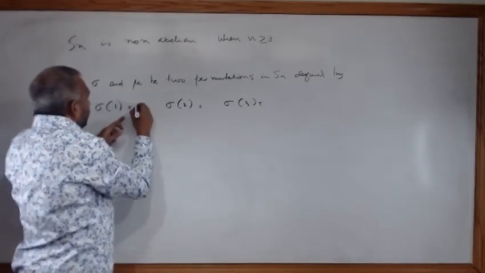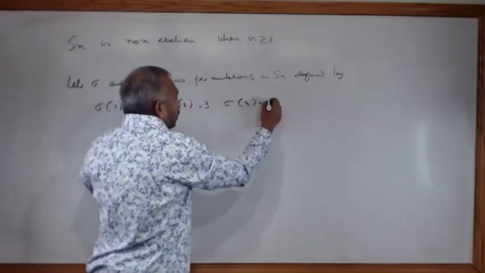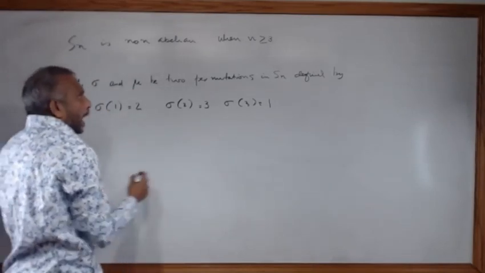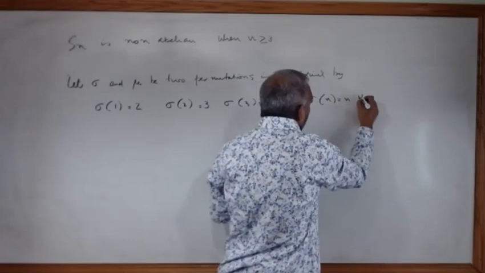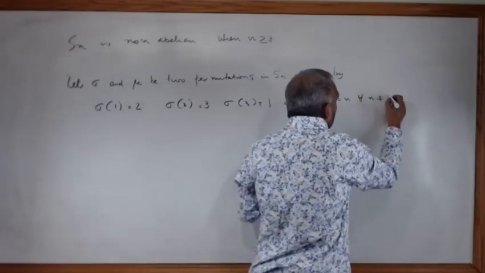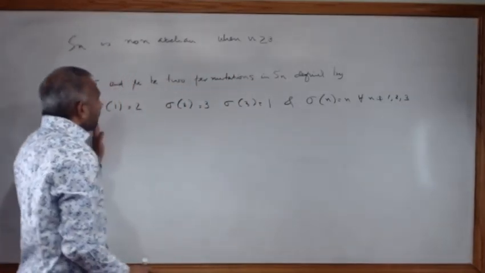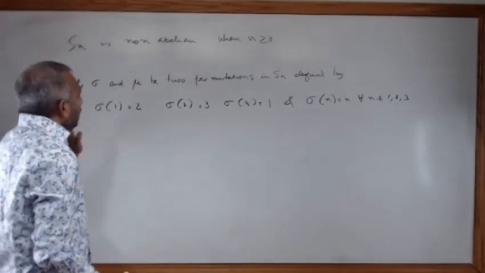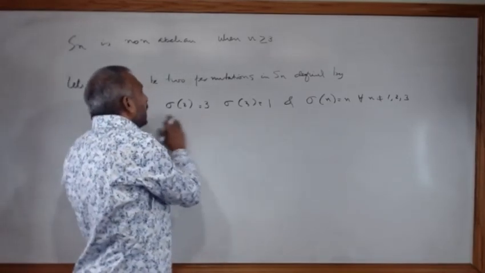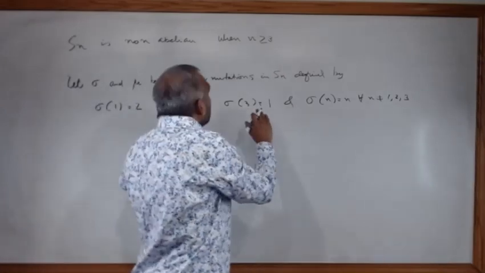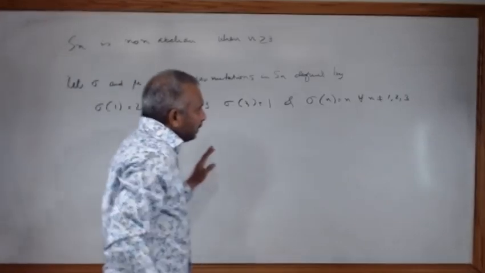This is actually going to be 2, this is going to be 3, and this is going to be 1. And sigma of n is equal to n for all n not equal to 1, 2, 3. What I am trying to say here is, it is not just S3. It could be any permutation in any symmetric group with more than 3 elements.